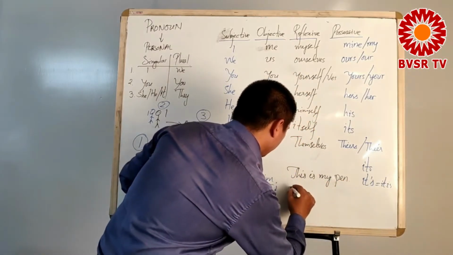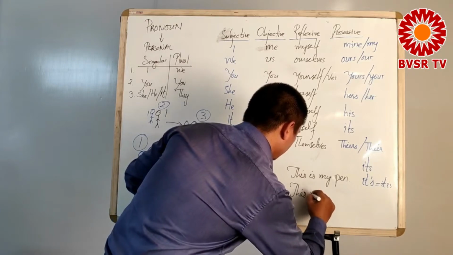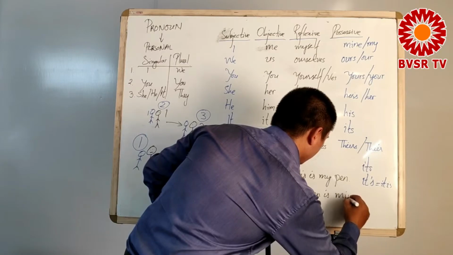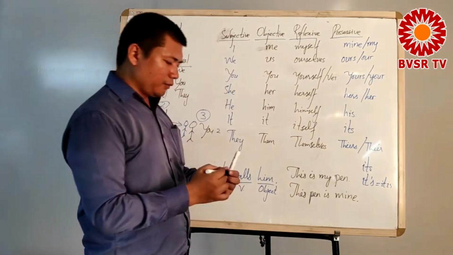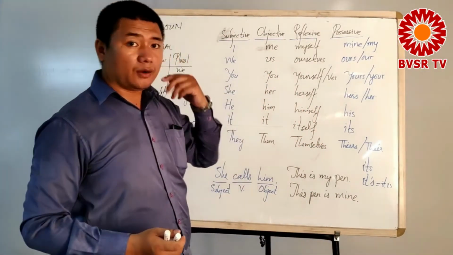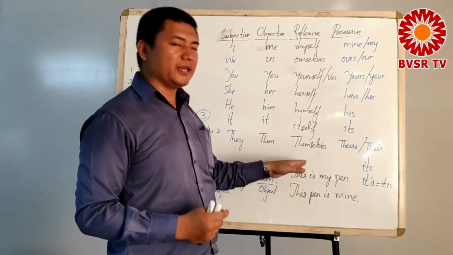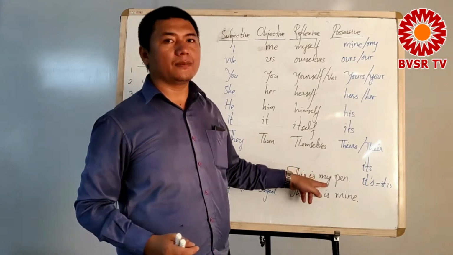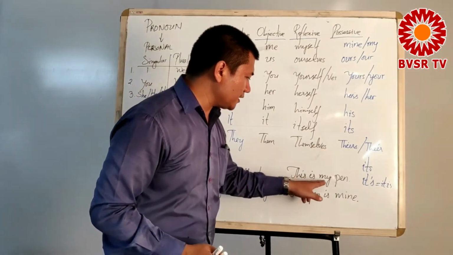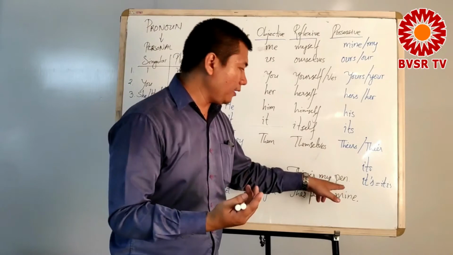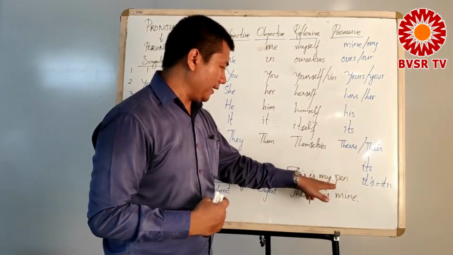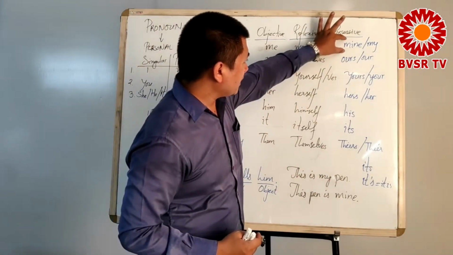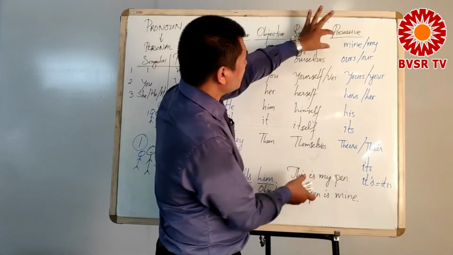Or you can even say, this pen is mine. It is the same meaning, but the way we make the sentence is a little bit different. Though it is different, it explains possessiveness. My pen means the pen is owned by you, or you own the pen. And likewise, this pen is mine.